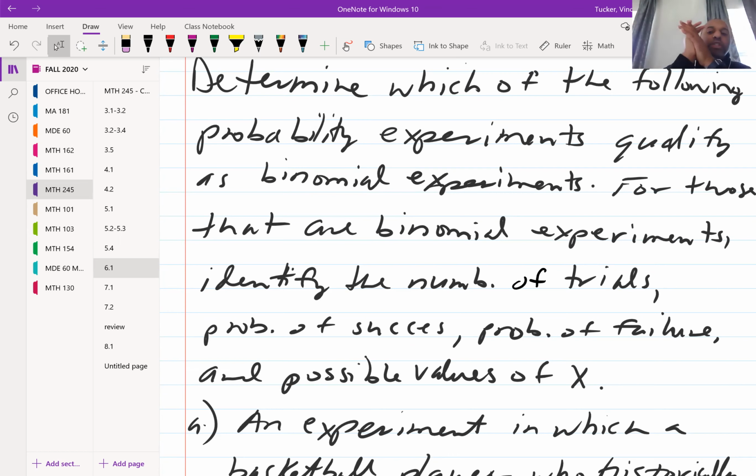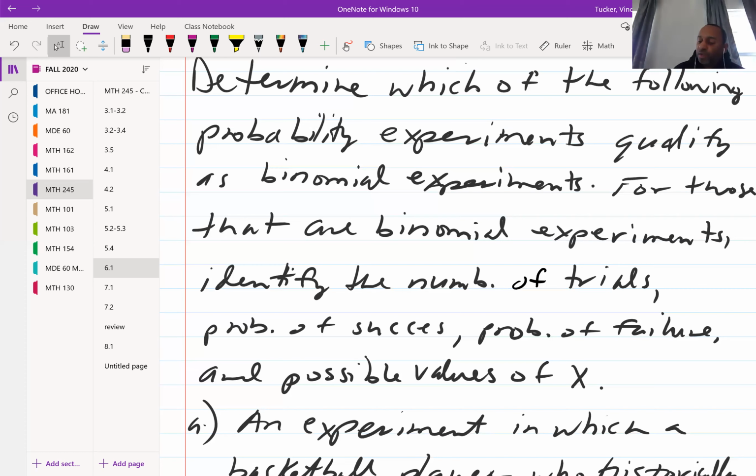So once again, we want to determine which of the following probability experiments qualify as binomial experiments. For those that are binomial experiments, identify the number of trials, probability of success, probability of failure, and possible X values.